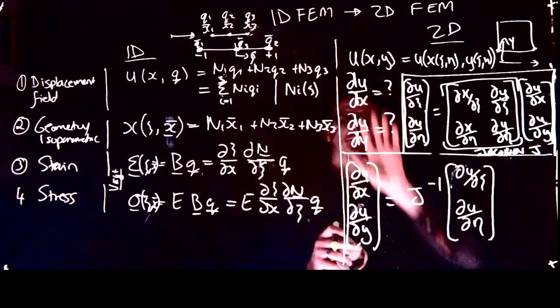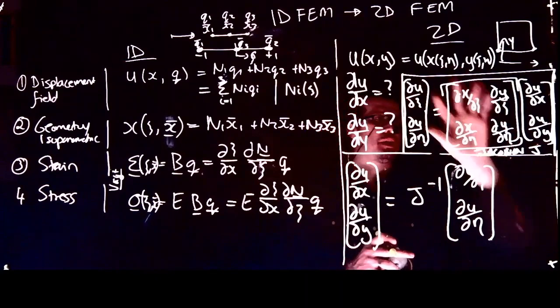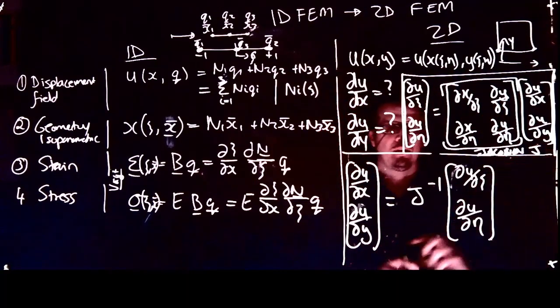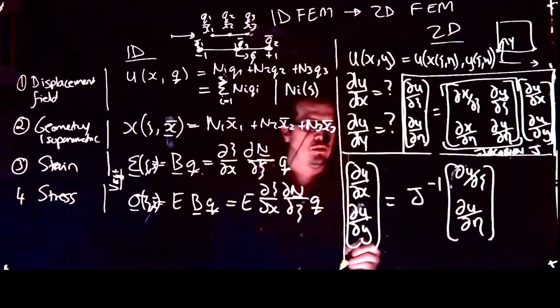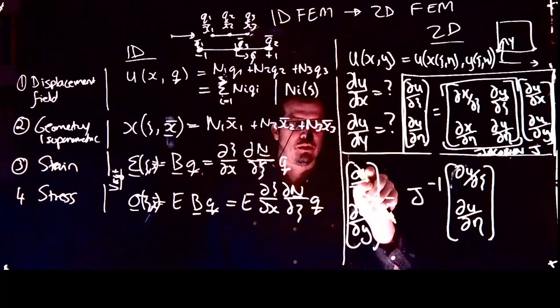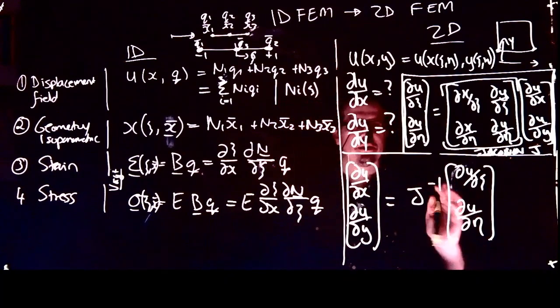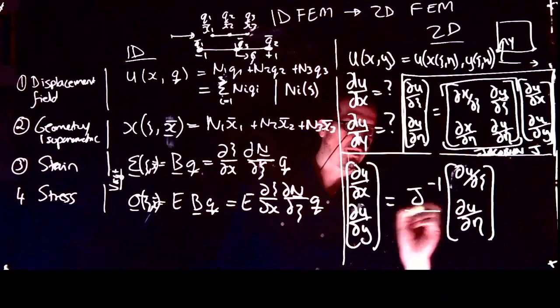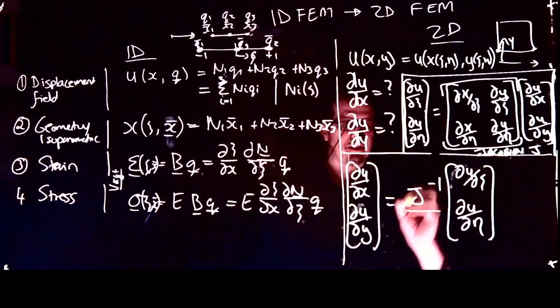So I've just multiplied both sides with the inverse Jacobian. This side becomes the identity matrix multiplied by that. But this is essentially my first components of strain. So these are the components that we can use to compute the strain. Okay, so let's stop here because this explains what the Jacobian, sorry, the inverse Jacobian, is all about.